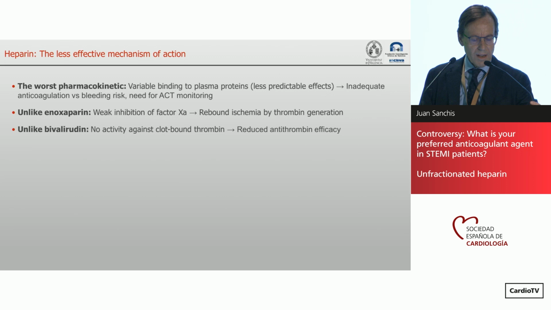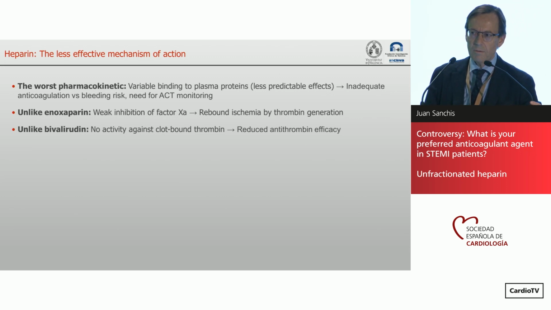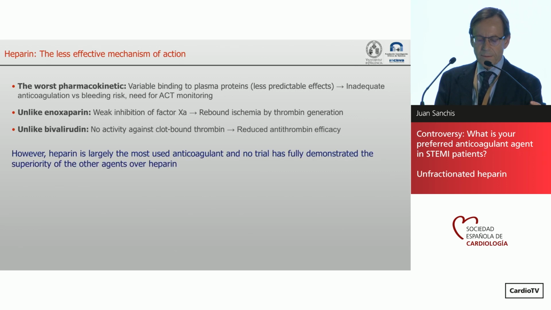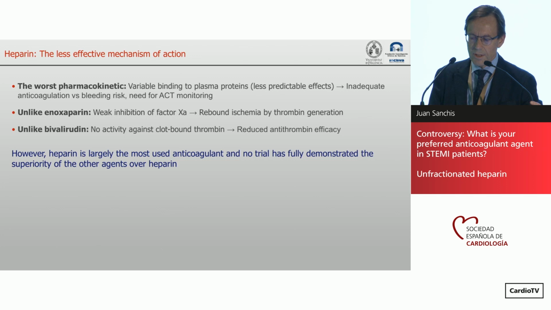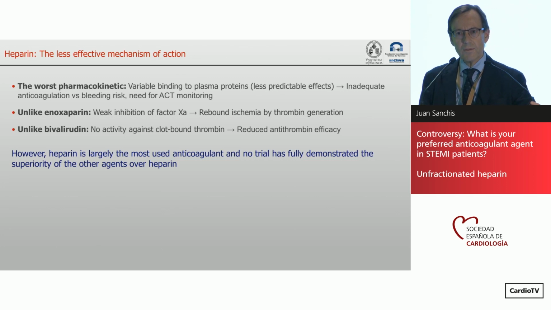And unlike bivalirudin, it has no activity against clot-bound thrombin. However, and despite these theoretical limitations, heparin is largely the most used anticoagulant, and no trial has fully demonstrated the superiority of the other agents over heparin.